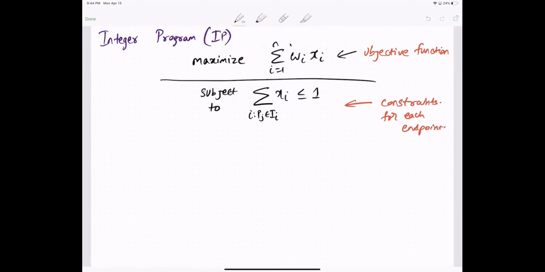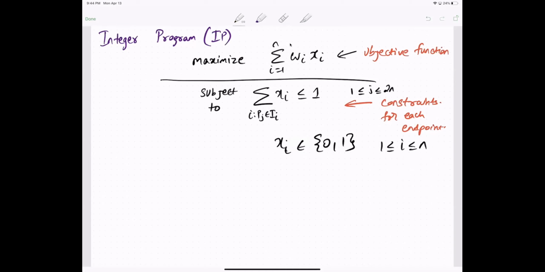Let me write down the constraints first, and then we can talk about it later. The last constraint is easy to see.